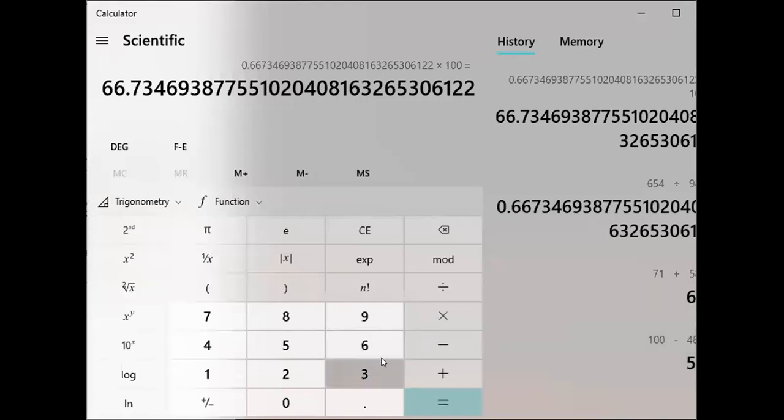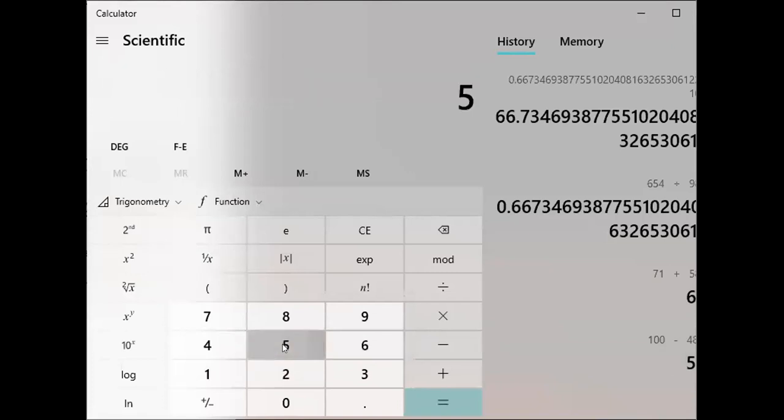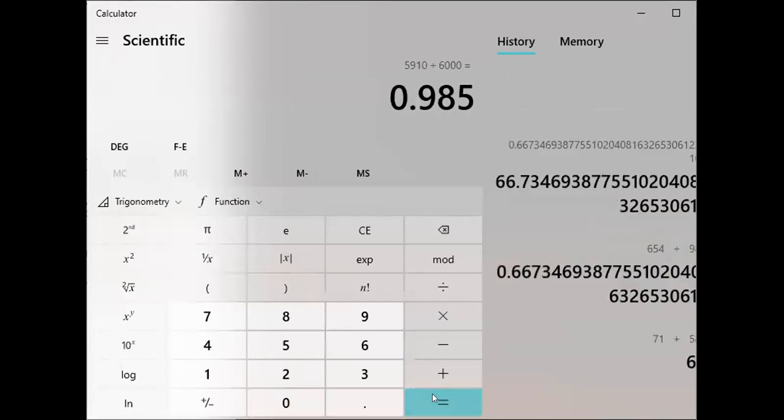So you have 5, 9, 1, 0. Okay, divided by 6,000 to the power of 4, right? Because you have 4 CD, right?